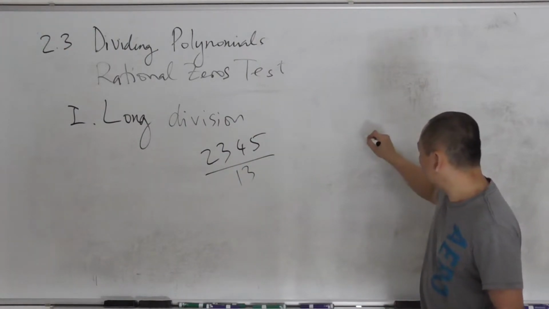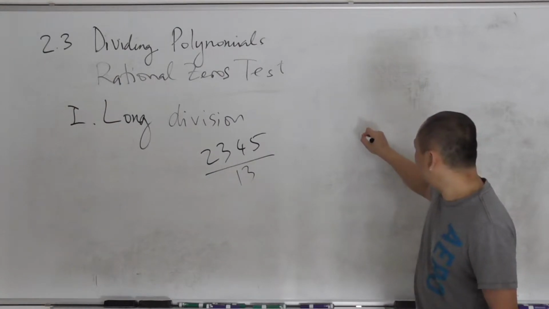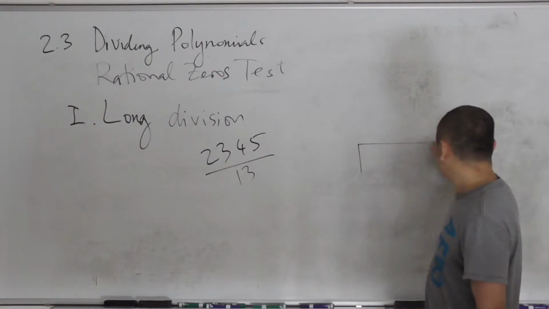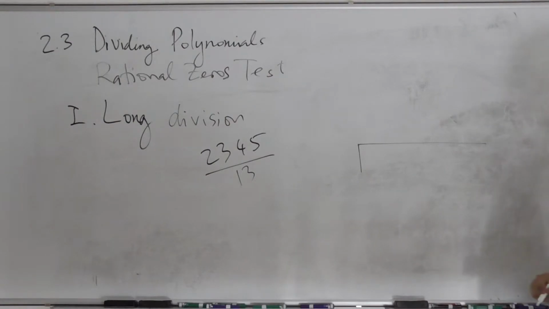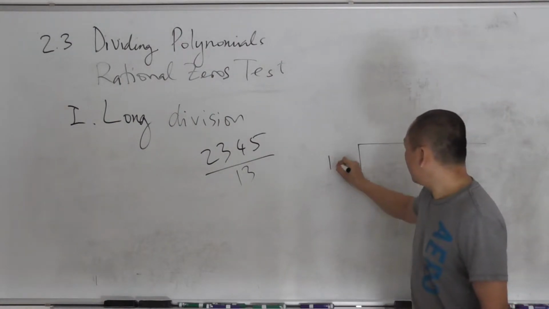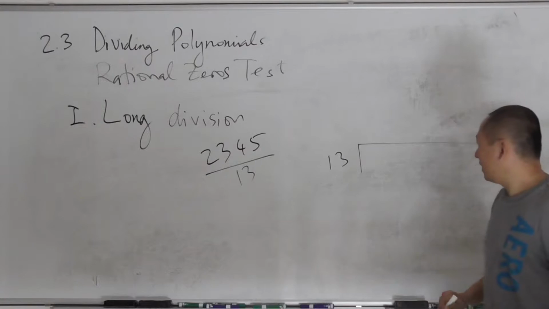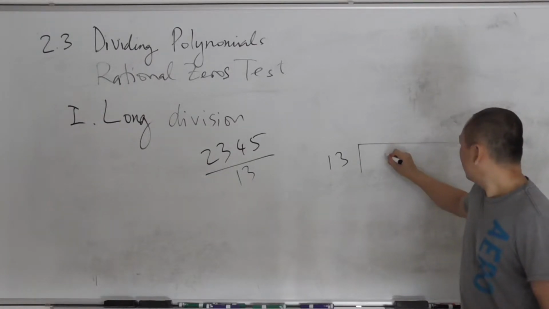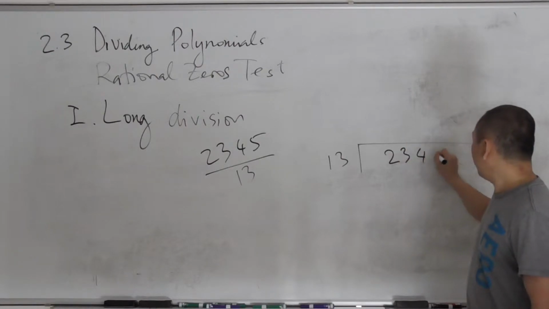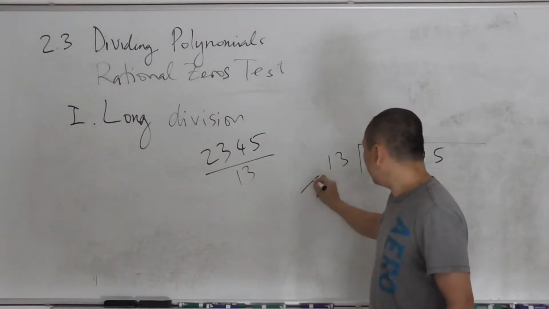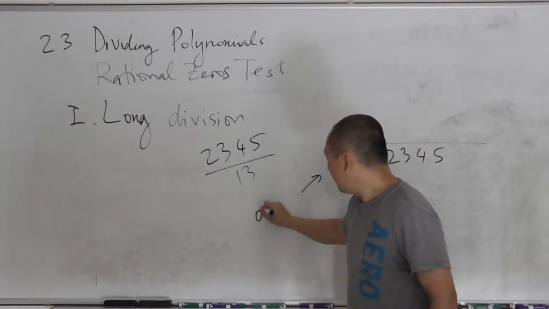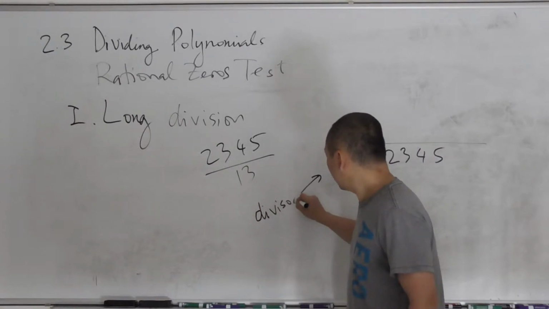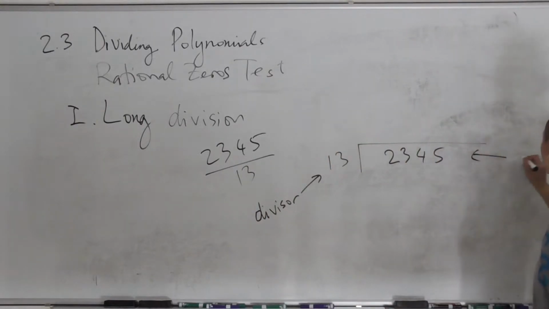We're going to write it this way, and then write the number 13 right here, and 2345 here. By the way, we have names for these. This number is called the divisor, and this one right here we call the dividend.